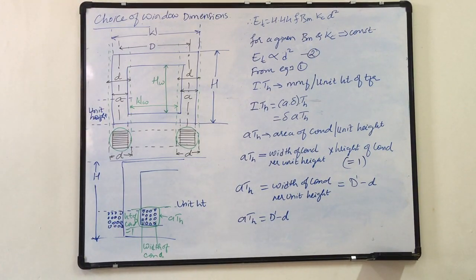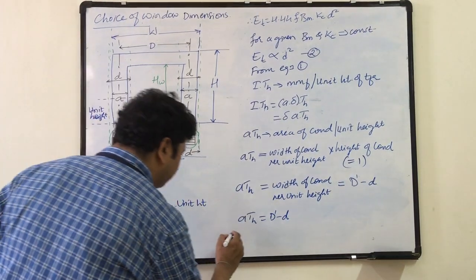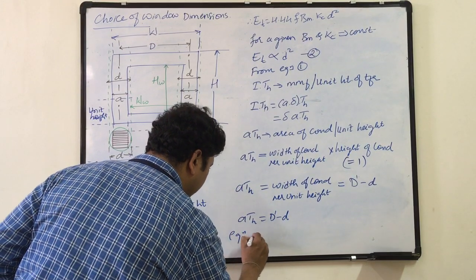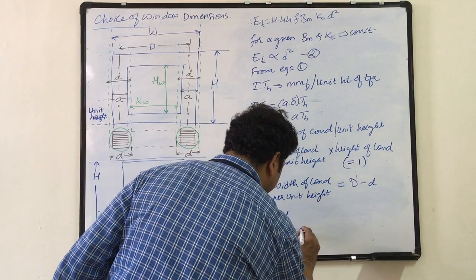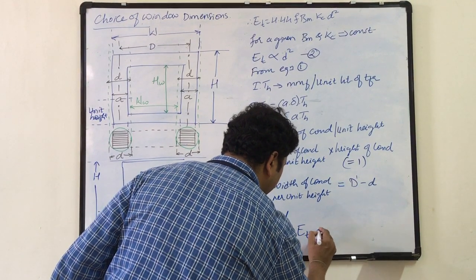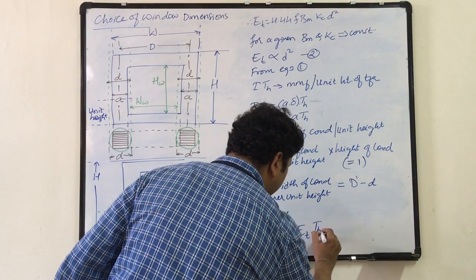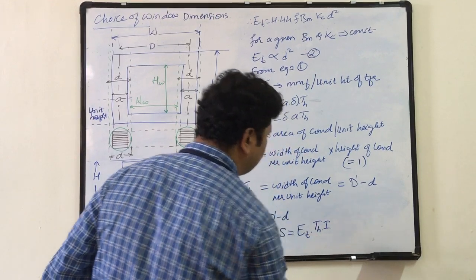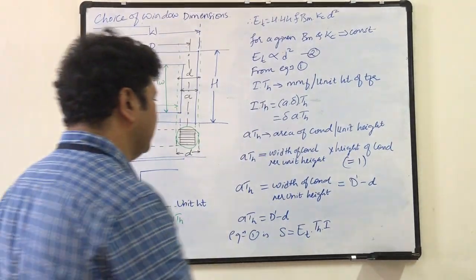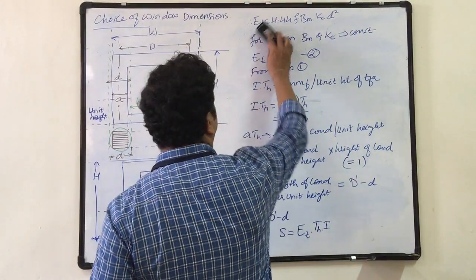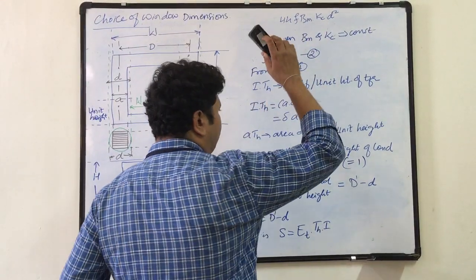So from equation 1, what is equation 1? Equation 1 is S is equal to ET into TH into I. Now ET is proportional to D square from equation 2.